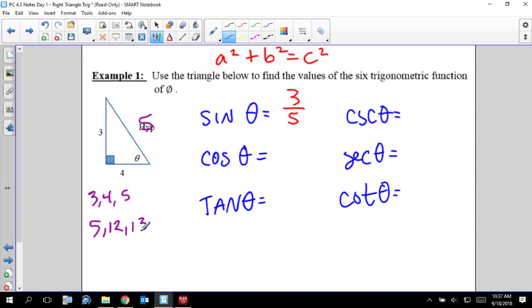If you don't know that, then you're going to have to multiply 5 times 5 and 12 times 12 and figure it out. What's the 7? Anybody know the 7? 7, 24, 25. Who'd you have for geometry? She made you learn. Yeah.